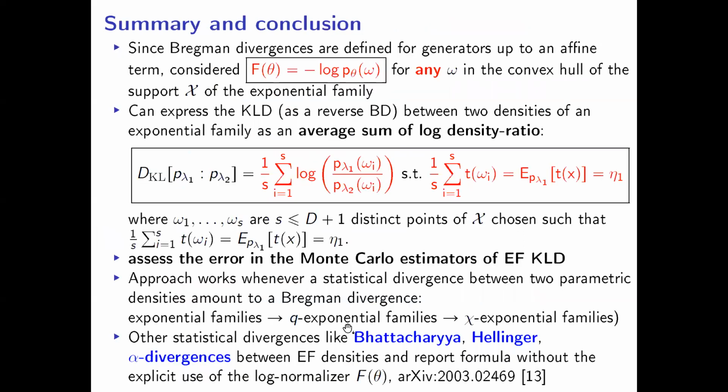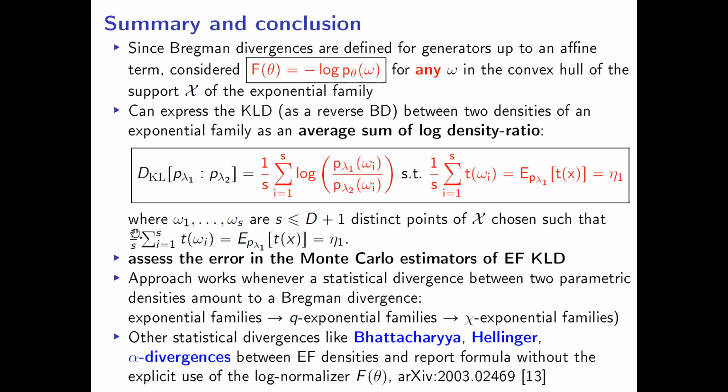Okay, so to summarize and conclude this work, we have shown that we can choose the generator to be minus log of p_θ(σ_i) for some sigma point, where σ belongs to the support of the exponential family. And if we choose S sigma points such that this quantity is satisfied, then we can express the KLD as some average log density ratio.